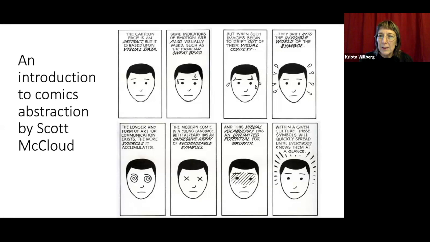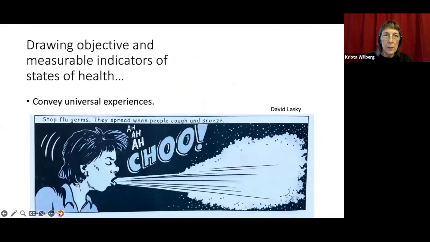So these subjective state symbols are called emanata. And so we'll be talking about them also in the role of representing signs and symptoms. Objective and measurable indicators of states of health are called signs. Symptoms are subjective measures, and we'll get into those in a little bit.